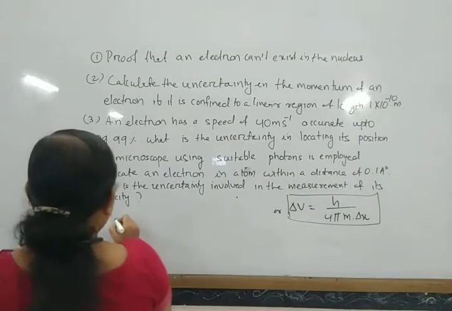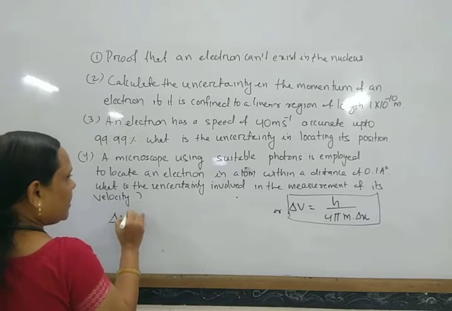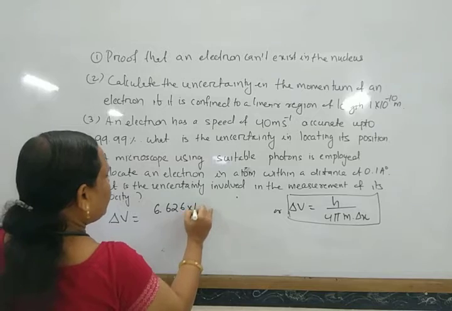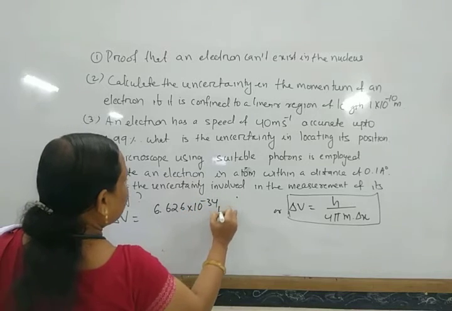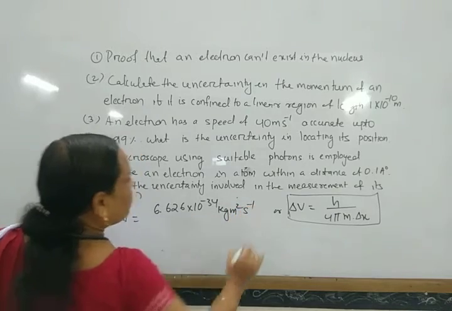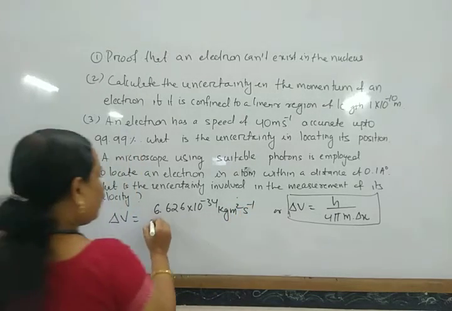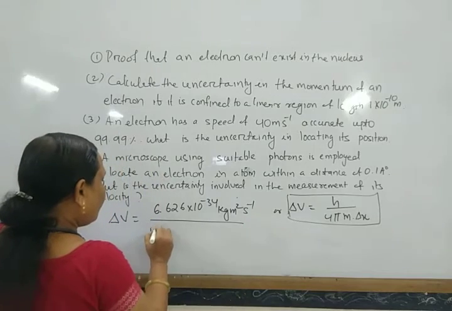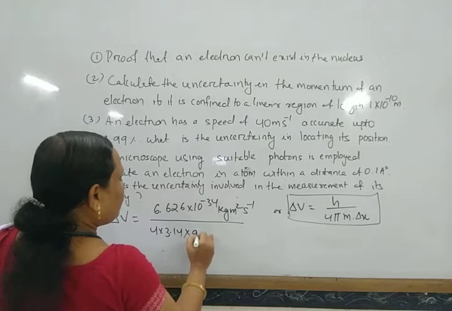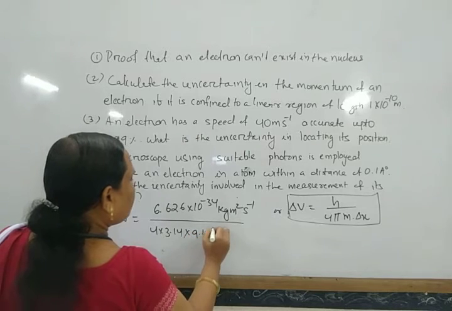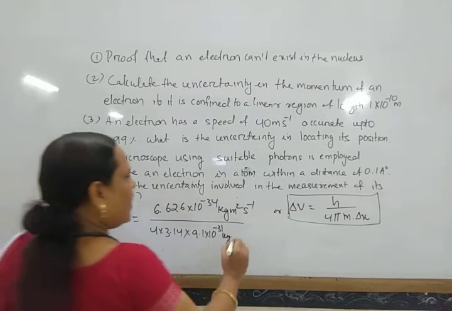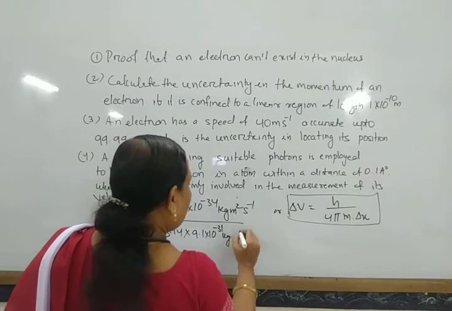So, del v equal to 6.626 into 10 to the power minus 34 kg meter square second inverse divided by 4 into 3.14 into mass of 9.1 into 10 to the power minus 31 kg, and del x, that is given.